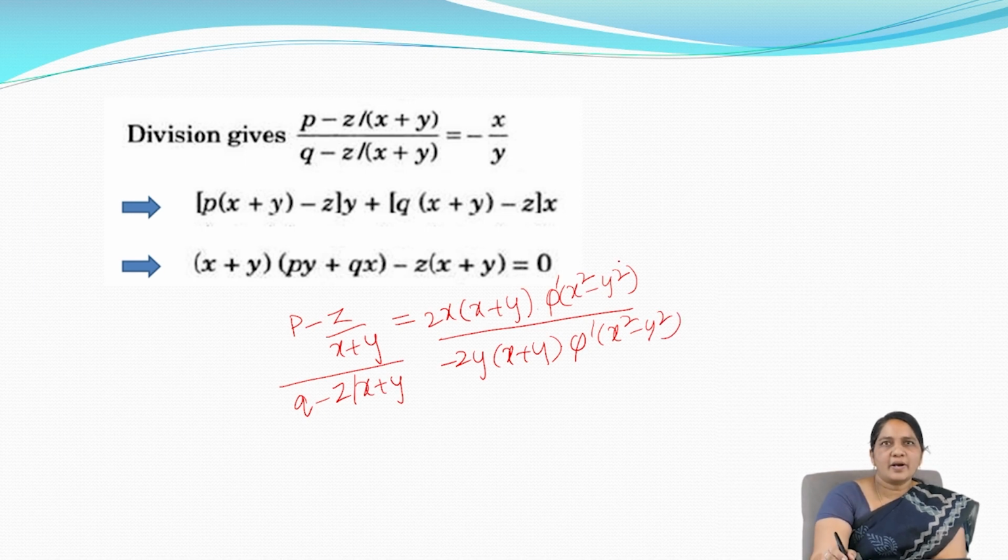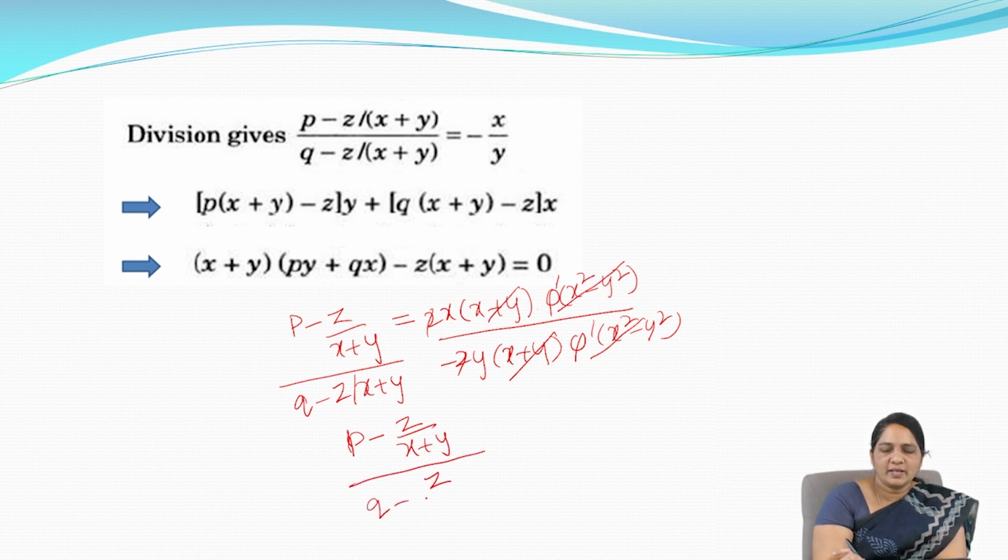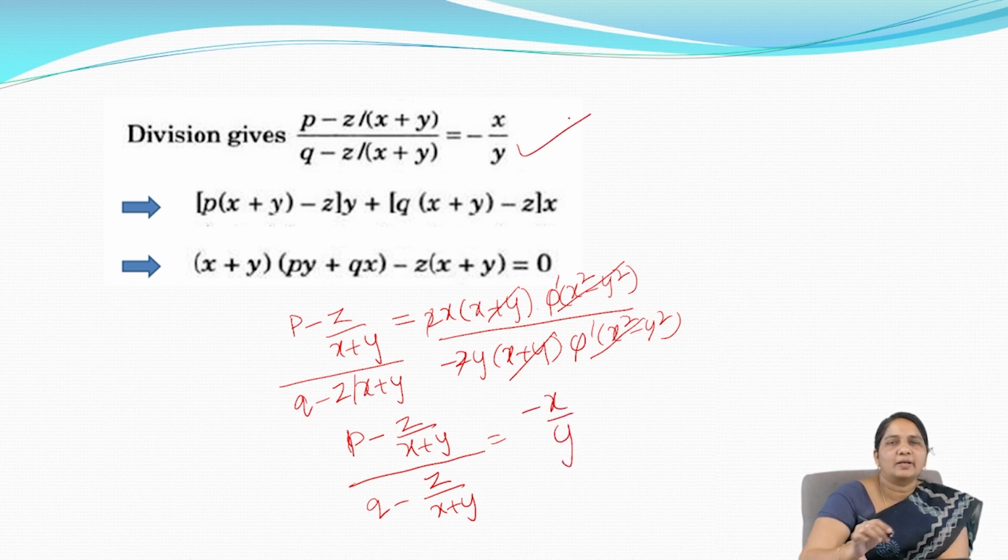So here φ'(x²−y²) will be cancelled, (x+y) will be cancelled, 2 will be cancelled. So finally I got (p minus z by (x+y)) by (q minus z by (x+y)) equal to minus x by y. So that is all I got here.